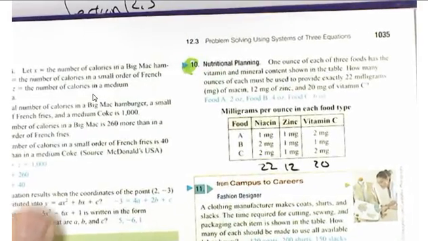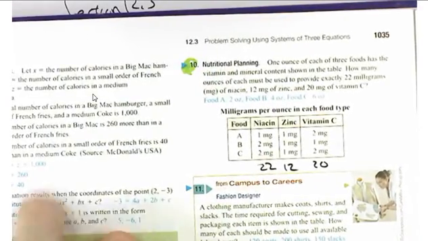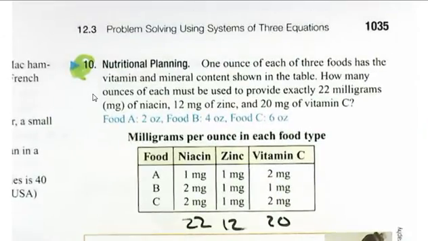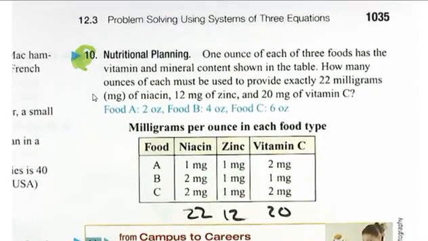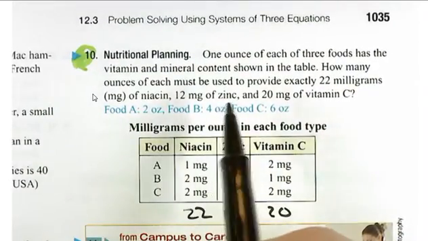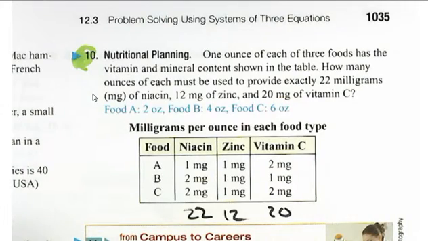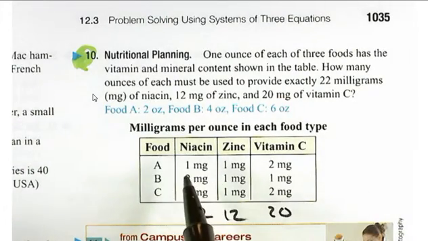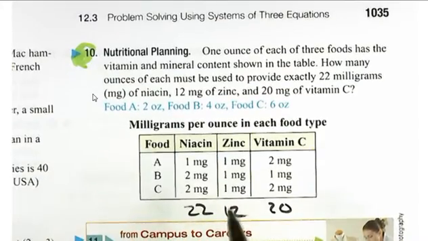This is actually an improved problem from previous editions. In previous editions, this nutritional planning problem, they wanted you to create a diet based on foods A, B, and C that had like 5 grams of carbohydrate, 5 grams of protein, and 10 grams of fat, which made no sense nutritionally, but let's not worry about that.